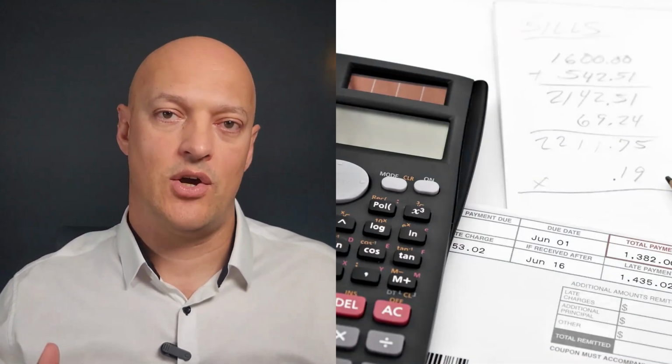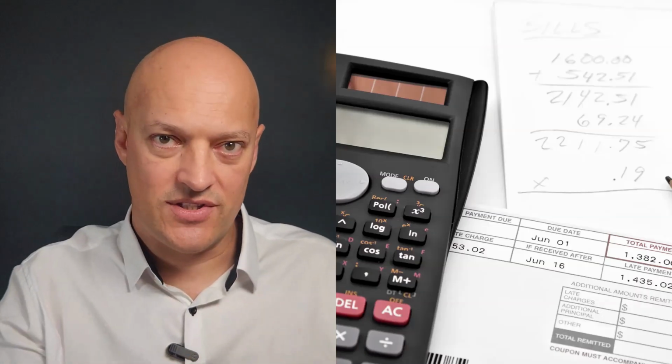There are also different loan types to consider: interest only and principal and interest. Interest only loans mean you only pay the interest, not the principal. They maximize your cash flow in the short term and are common for investors building portfolios. Principal and interest loans gradually reduce your debt.